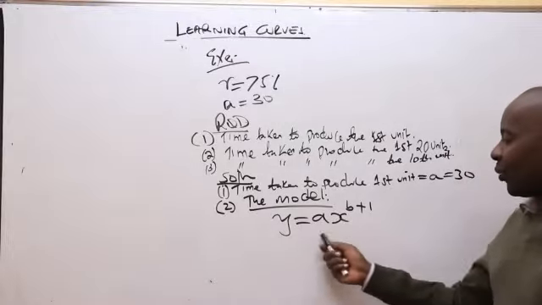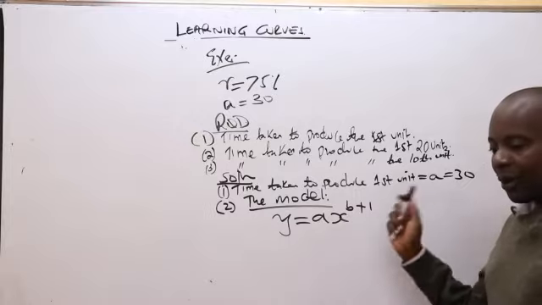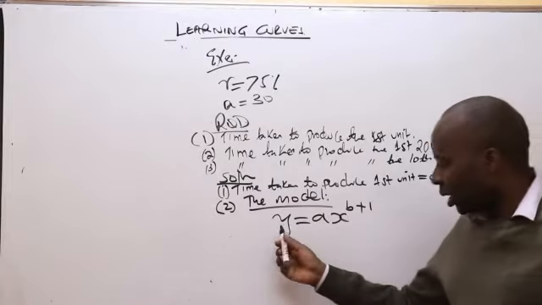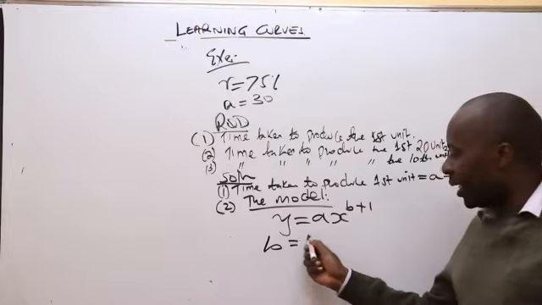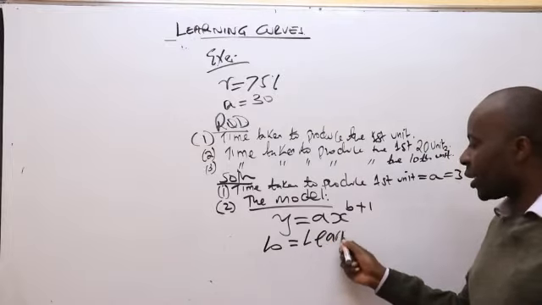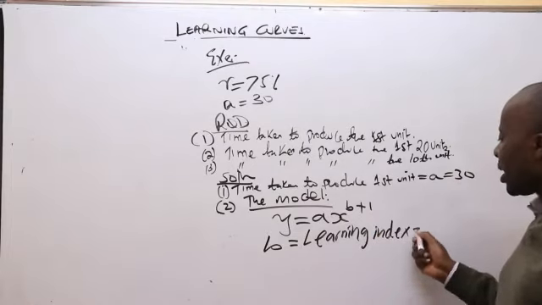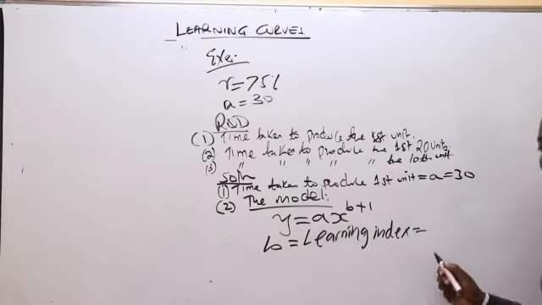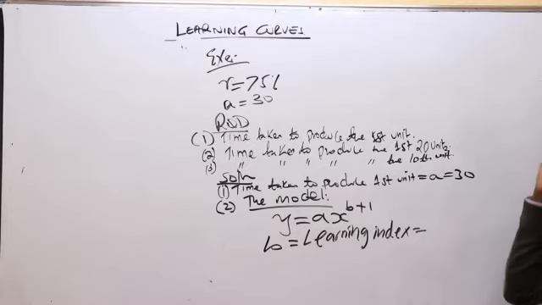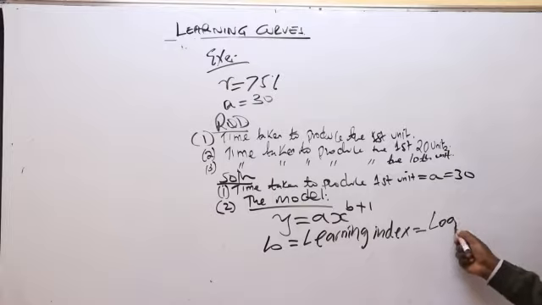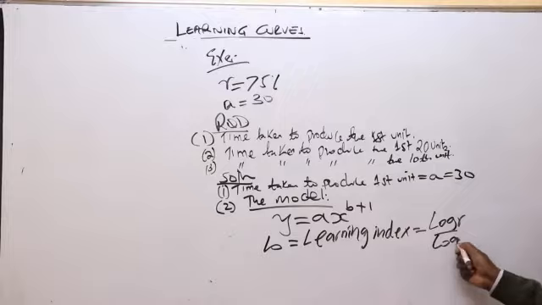So y equals ax raised to power b plus 1. And I want somebody to give me this b. Remember, b is a learning index. And for us to get this learning index, ladies and gentlemen, we normally take log r divided by log 2. Very good. I can see Folio has the formula.